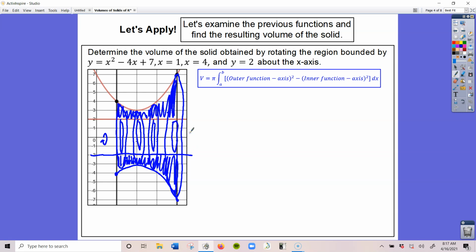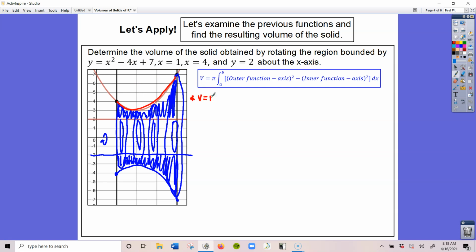Okay, so now let's figure this out. We have my outer function, right? We always want to look at the function that is defined, not the part that I actually reflected. So my outer function is this parabola here, which is x squared minus 4x plus 7. I'm going to set up my equation here.